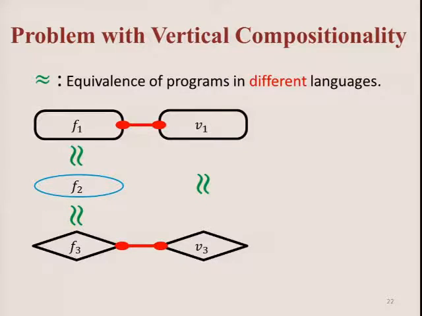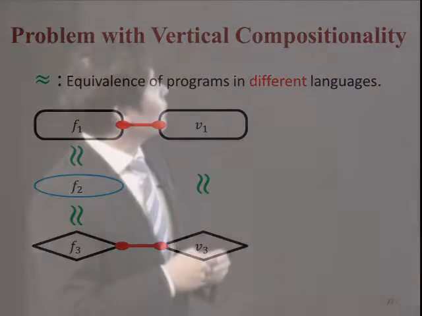In order to show that this logical relation is vertically composable, we first assume that F1 is equivalent to F2 and F2 is equivalent to F3, and now we need to show that F1 is equivalent to F3. By definition, we have to show that for any equivalent arguments V1, V3, F1 applied to V1 and F3 applied to V3 behave the same.